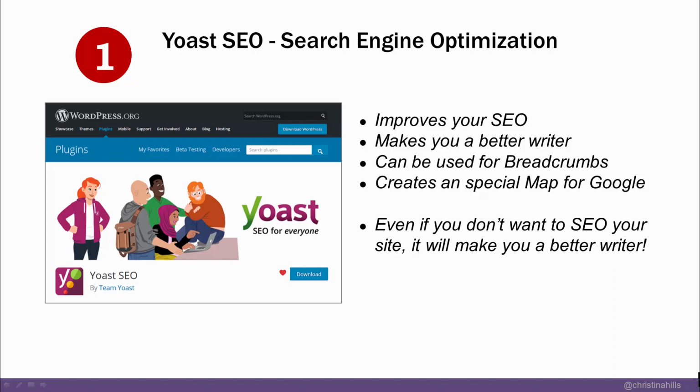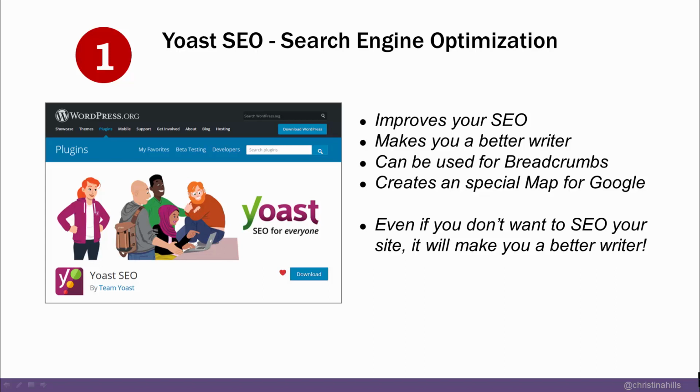It can be used for breadcrumbs. If you don't know what breadcrumbs are, it's something you can add, and it creates a special map for Google. Google needs a special map, and this plugin helps Google with that. And even if you don't want to SEO your site for whatever reason, it'll make you a better writer.